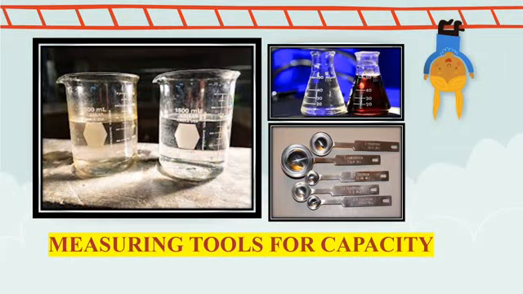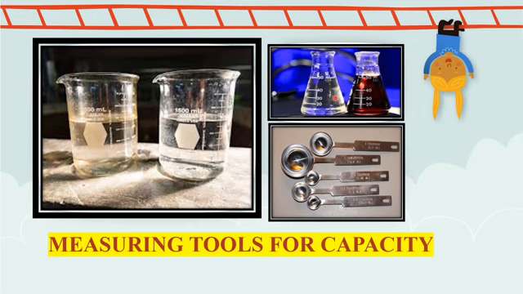Now let's see some of the measuring tools for capacity. Here we have beaker. This is the measuring tool for liquid. Now here you measure liquid with the help of the marking which is given on the beaker for 100 ml, 200 ml, 300 ml. How much liquid you have to measure is marked on the beaker.